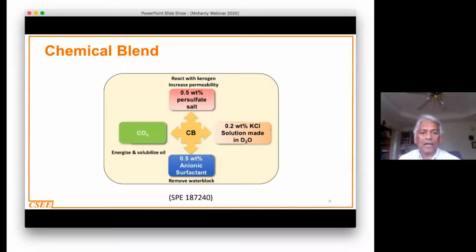We also add half a weight percent persulfate salt. These salts actually react with the matrix and increase the permeability a little bit. It can also react with kerosene at high temperature. The surfactant removes the water block, and then we also use the CO2 for the Huff-n-Puff part. Just the chemical blend part was covered in this paper, and you can look it up.